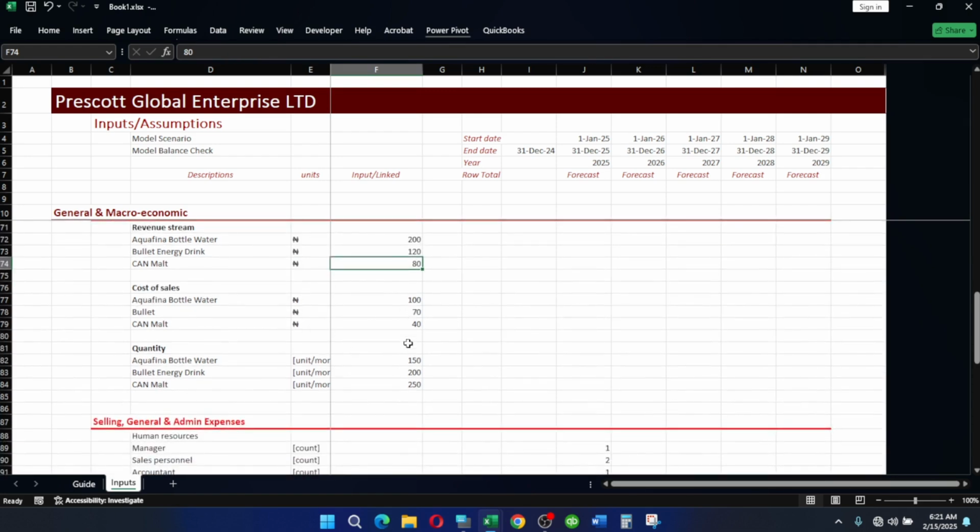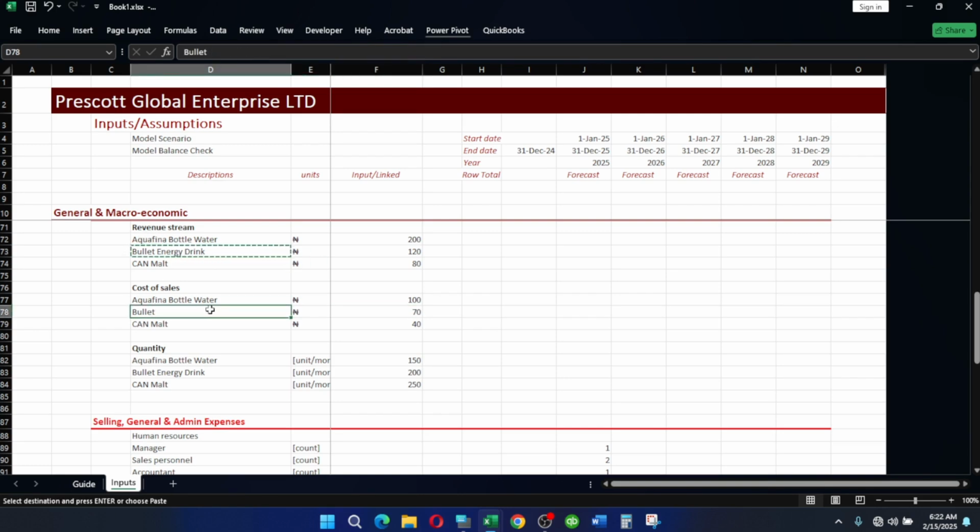Then the cost. Now the cost of one pack of Aquafina, if we are buying from our suppliers or from the company, will cost us 100 naira, right? Now remember that cost includes both your transport and everything that it costs you to bring that product into your warehouse, into your store, into wherever you have it, right?